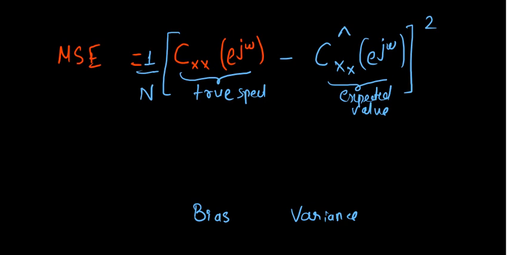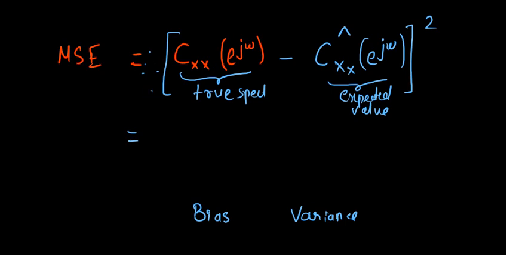So now let's try to derive it further in terms of bias and variance, right? So basically, in order to take the mean, as we already know, the mean is nothing but the expectation operator. So I am not writing the mean, but I am writing the expectation operator, and that will be good enough.